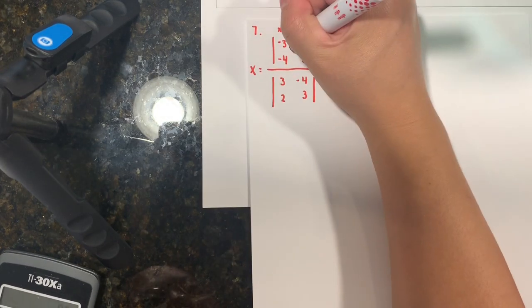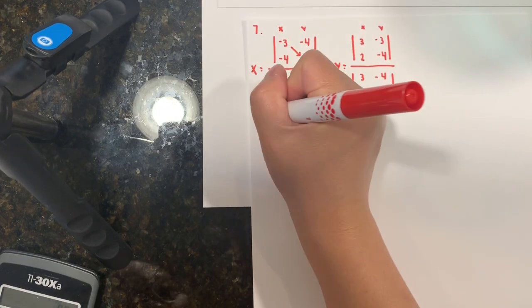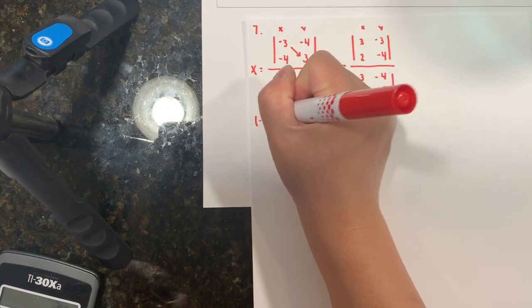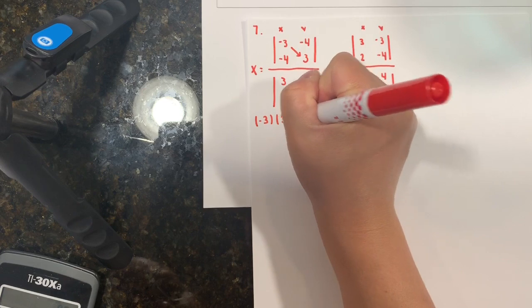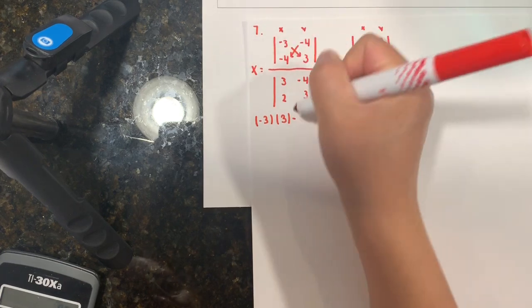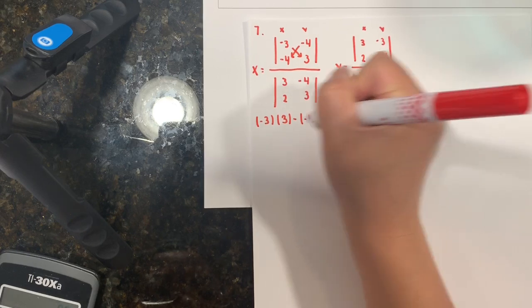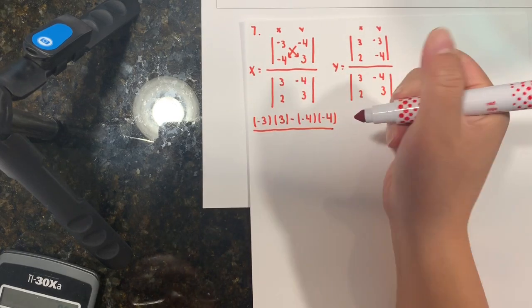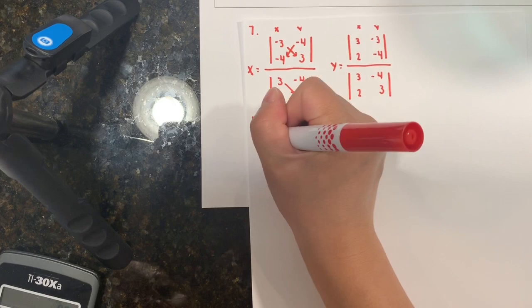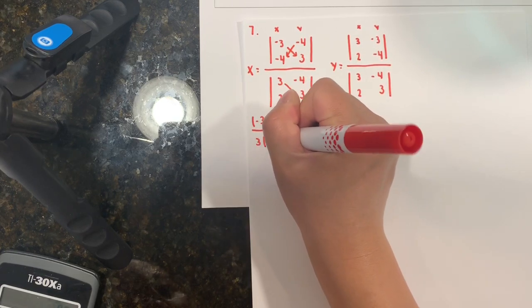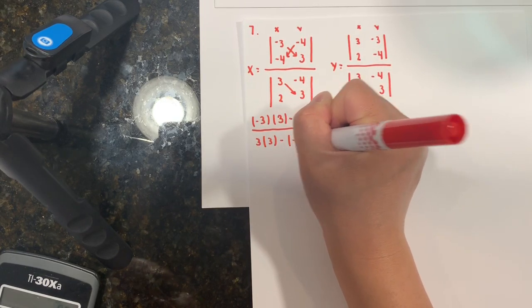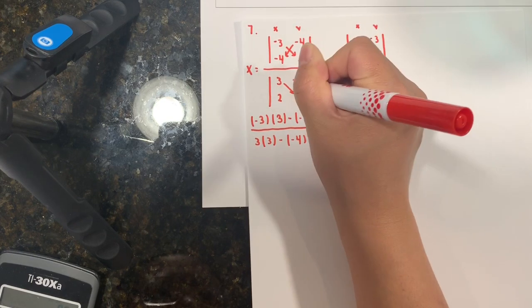Now we're going to evaluate. So I'm going to do top left times bottom right, so -3 times 3 minus -4 times -4 over 3 times 3 minus -4 times 2.